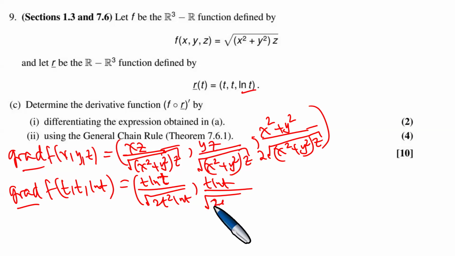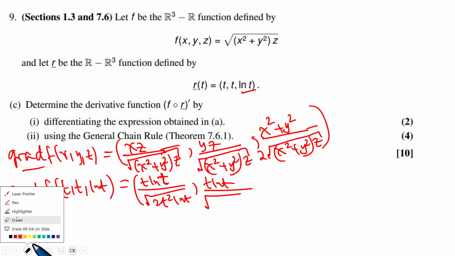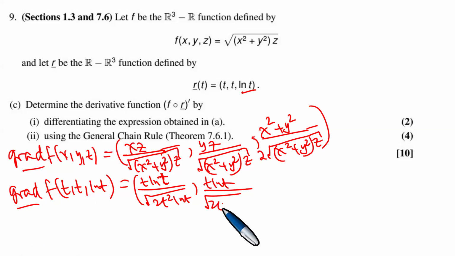So yeah, it's going to be 2t squared. Finishing this, it's going to be actually 2t squared ln t. And then this one here is going to be tt, which is 2t squared divided by 2. And then here you have t squared, which is 2t squared ln t.